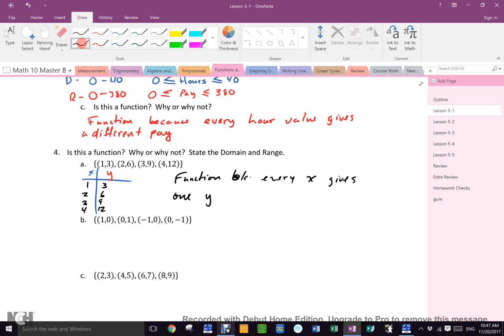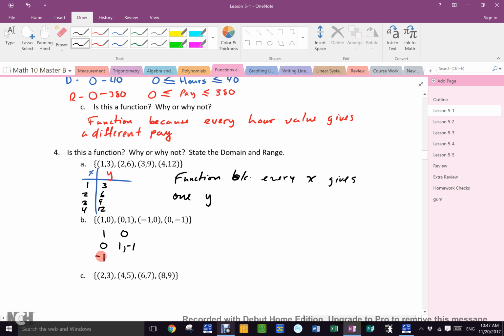What are my x's? 1, 0, -1. I don't write 0 again because I've already got it. Cool? What is the y value that goes with 1? 0. What is the y value that goes with 0? 1 and -1.